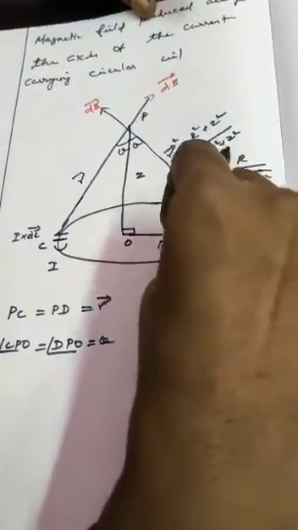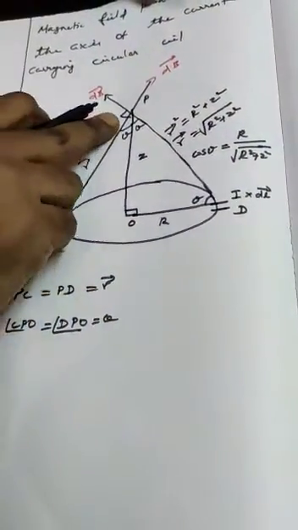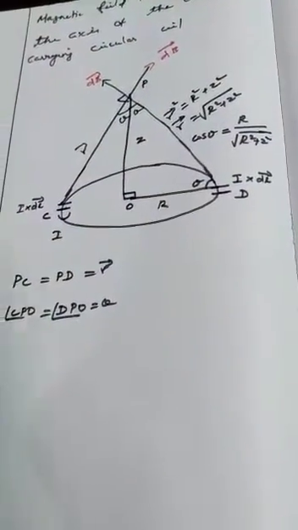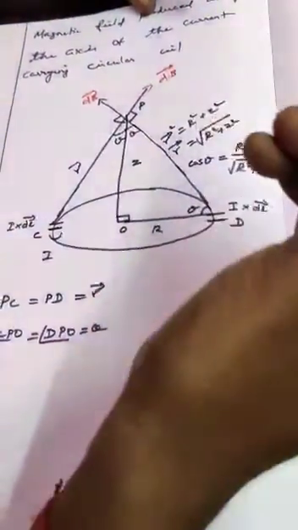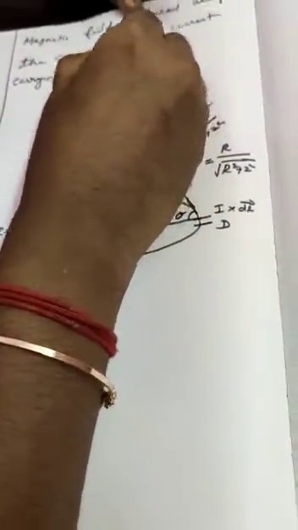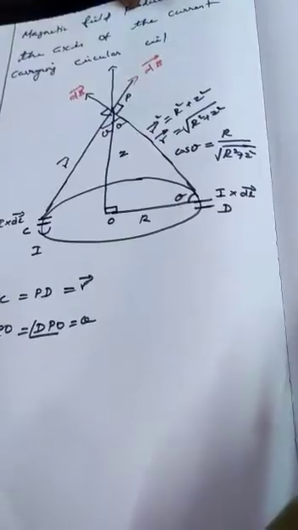And the line element at D makes angle 90 degrees with the magnetic field which is produced by D. Like the point C makes 90 degrees with the magnetic field which is produced by C. And from the point O, the magnetic field is going to be outward.